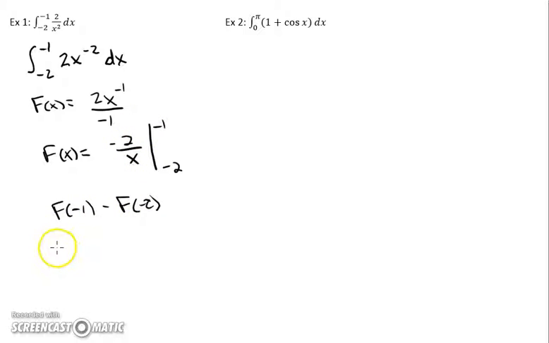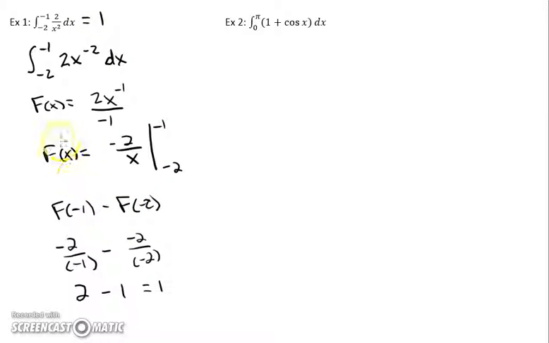So put -1 in there, we're going to get -2 over -1 minus -2 over -2. This is going to turn out to be 2 minus 1, positive 1, so our total answer here is going to be 1.